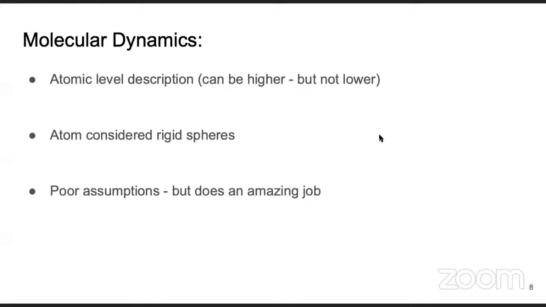So you will represent each nitrogen, each carbon, each sulfur, each oxygen as a rigid sphere, right? This is called an atomic level description, when each atom is represented as one ball.